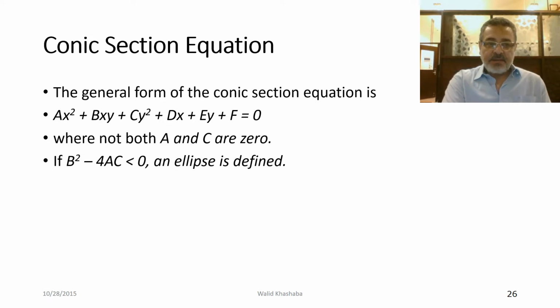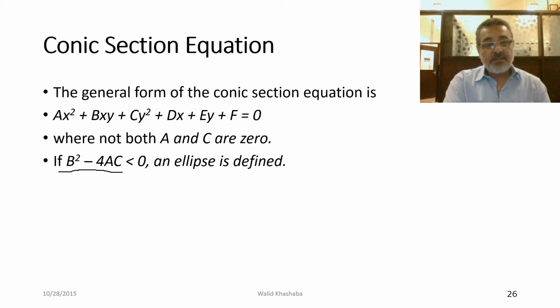Again, do you remember this expression, b squared minus 4ac? In this case it's also the discriminant, but here it determines the type of conic section that we have.